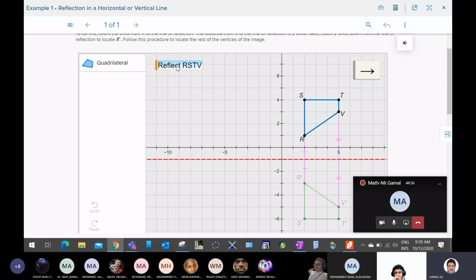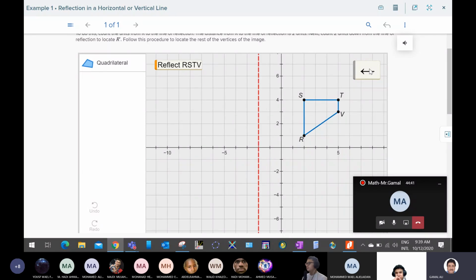Can you see the figure, guys? Okay, what is next? This is x equals negative 2. Can you see the figure after the reflection on x equals negative 2?